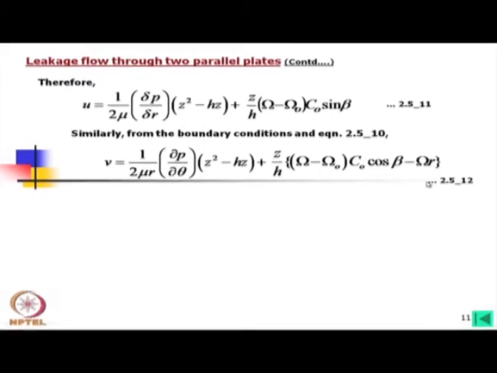This derivation will not be difficult, but note the omega minus omega 0 sin beta components that we have accepted for the velocity.